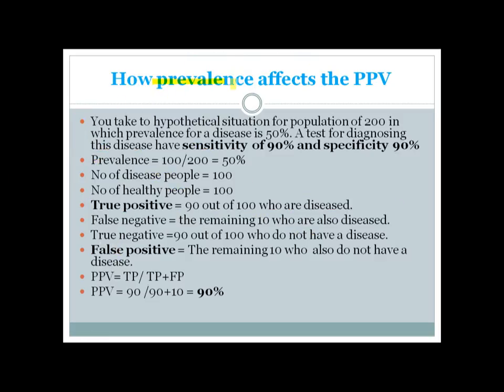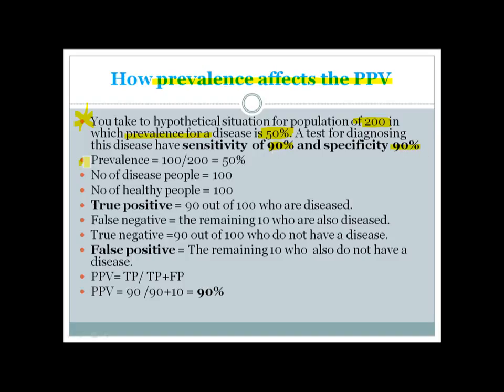So how does prevalence affect the positive predictive value? Here I have a hypothetical situation to explain that clearly. You take a population of 200 where the prevalence of a specific disease is 50%, and you have a test for diagnosing this disease, and the test has a sensitivity of 90% and a specificity of 90% too.